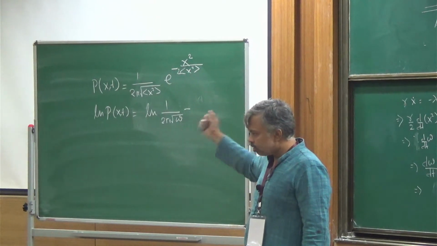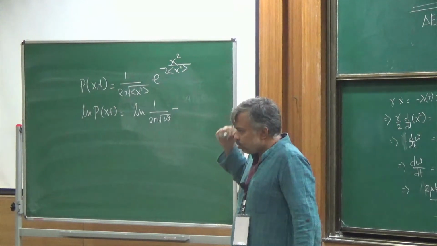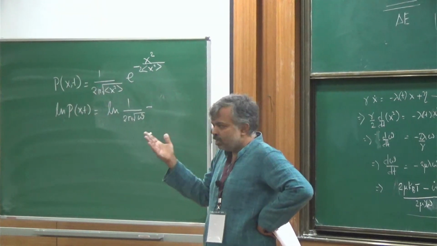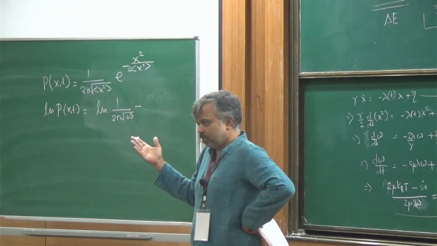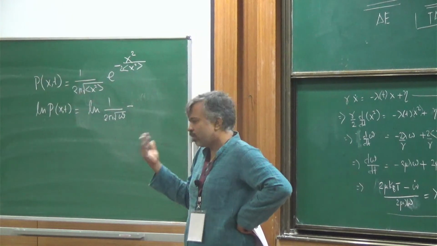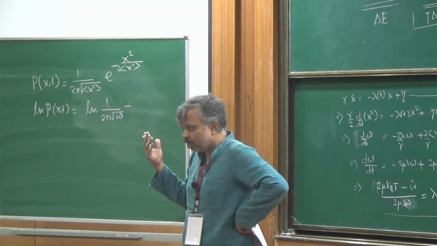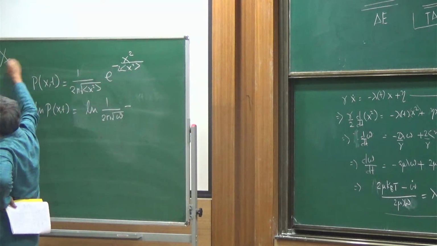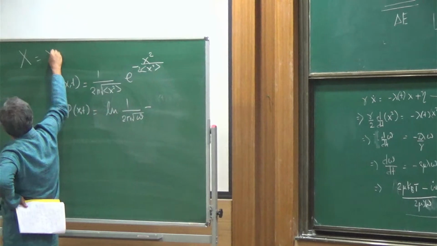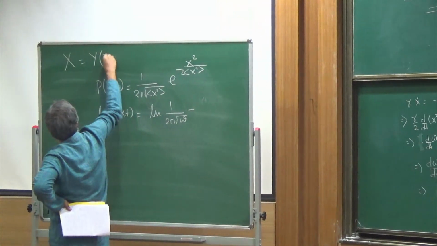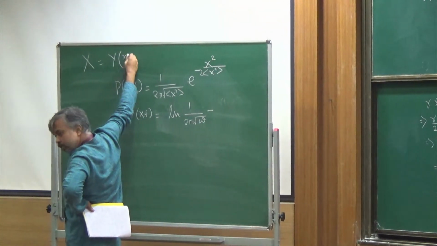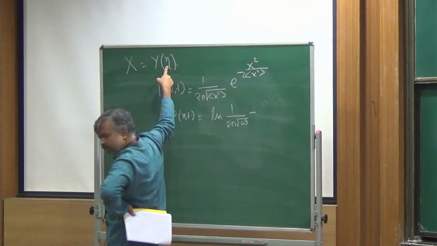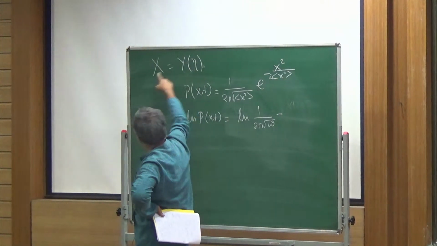Okay, that is fine, but you have lambda also. It doesn't matter, it's a time dependent lambda. But x of t is an integral, a linear function of some random variable. It doesn't matter how lambda depends on time. If x is a linear function of some other random variable eta, then whatever statistics is followed by eta will be followed by x.